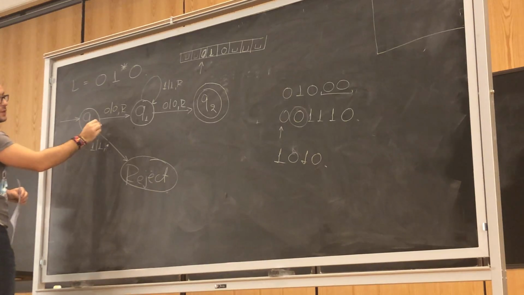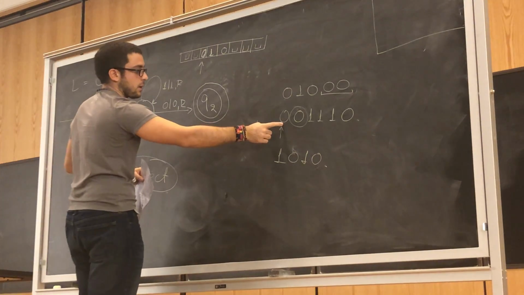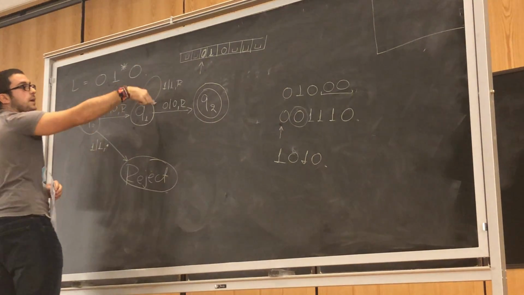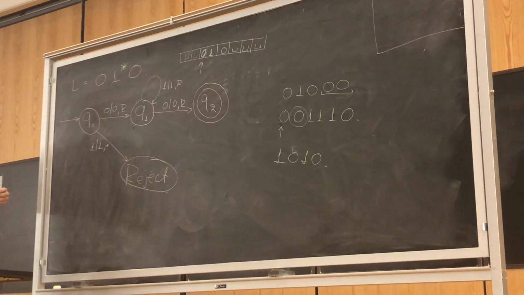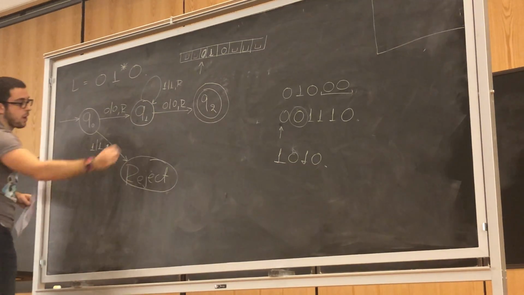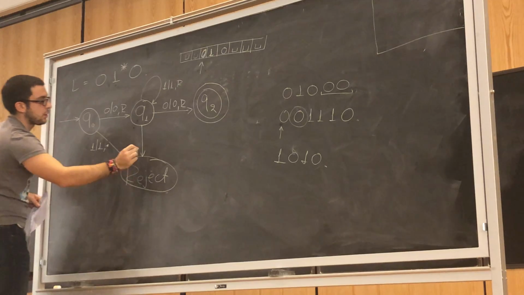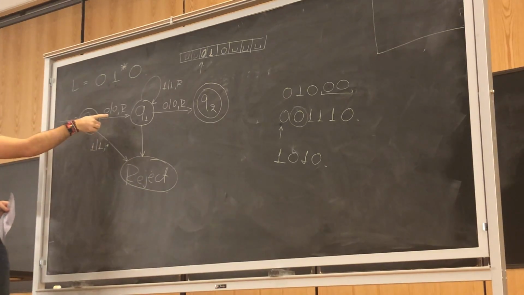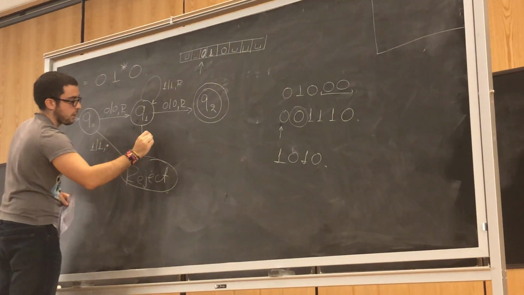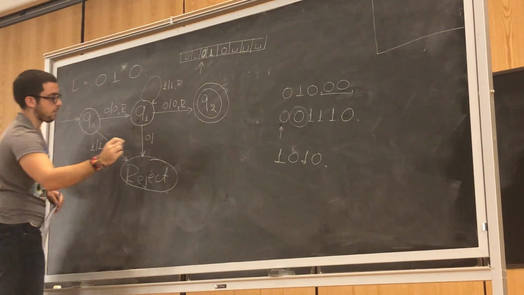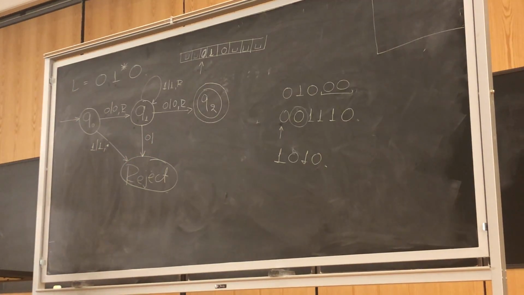So, I read my first 0, like in this case. But my next input is not the 1. So I said that we should reject this. So with an input following a 0 that is another 0, wait, no. We go to Q2. I think we need another state. No, we can have 0, 1.